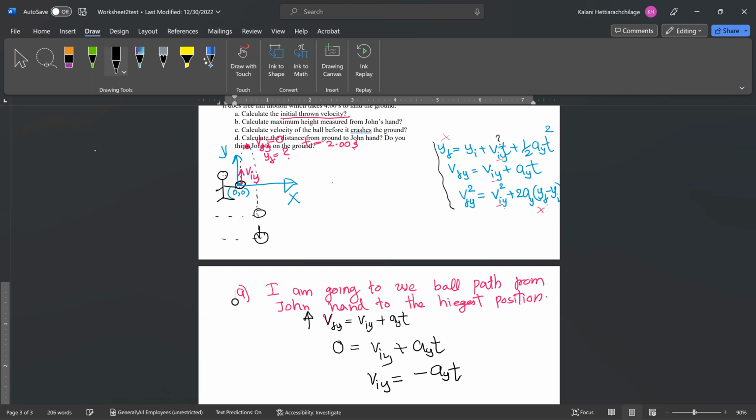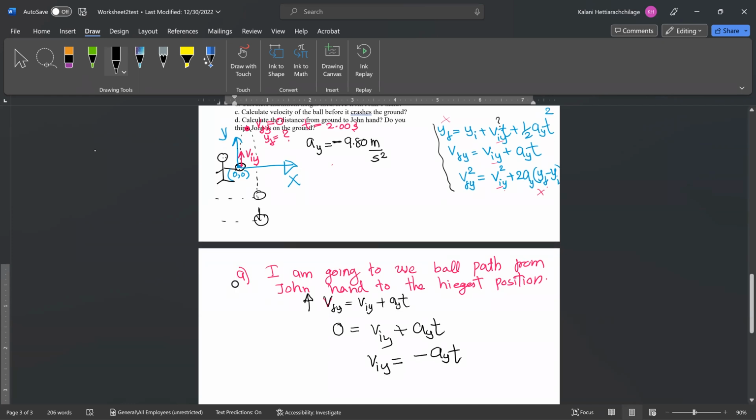So this is where I'm going to plug in the values, right? Now do I know a_y? Yes, we know the a_y value. a_y is 9.80 meters per second squared, but it is always attracting towards the earth. Because of that, according to my symbols, my y direction is positive upward, so that value is negative. Now we are ready to plug in the values.